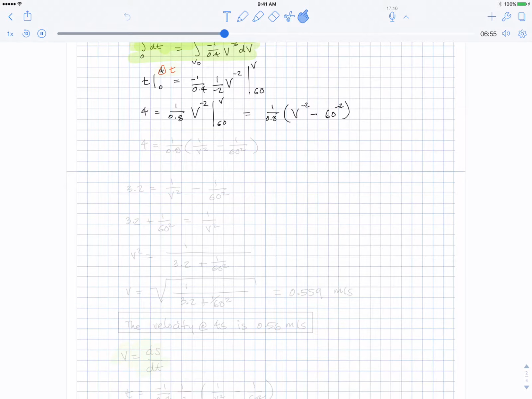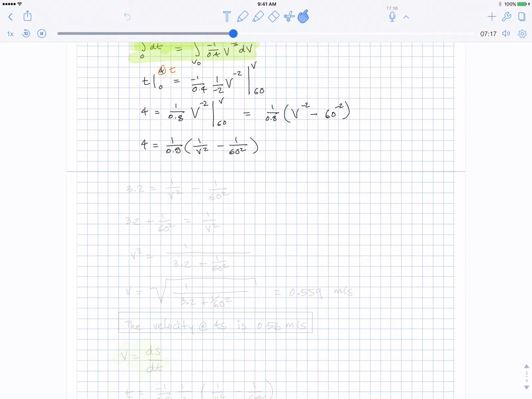Okay, so I need to get my calculator out and I'll be right back. Okay, so this is easier for me to understand. I can't quite visualize it, so I'm going to write it out longhand. 1 over 0.8 times 1 over v squared minus 1 over 60 squared.